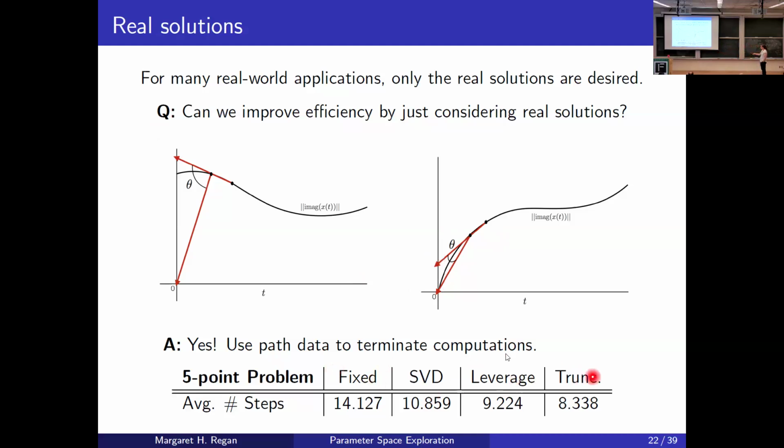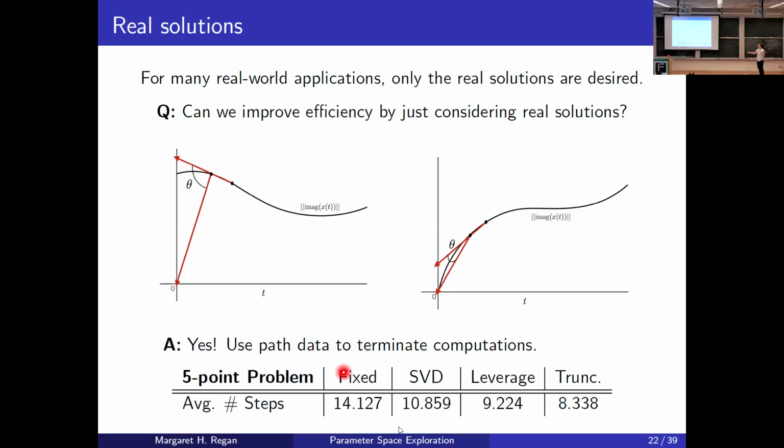Some of the words up here I didn't talk about, but the key part to take away from this table is the average number of steps to get from our start solution to our target solution, among all the paths we have to track. For the 5-point problem, this is 10 solution paths.